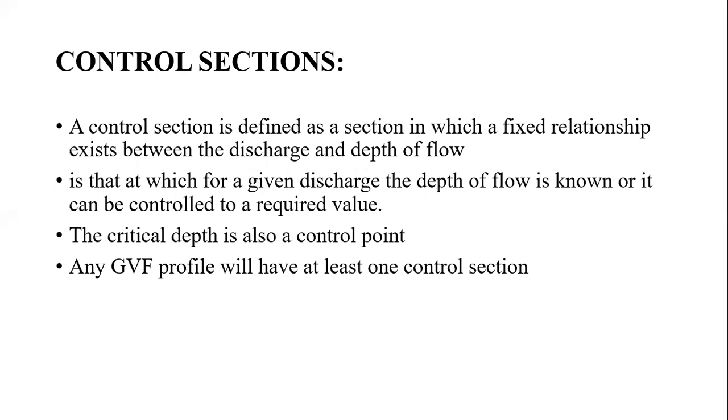Those dotted lines indicate that in those regions the GVF equations are not valid. It means that between those dotted lines, the continuous line we showed for the flow profile starts from those control points.